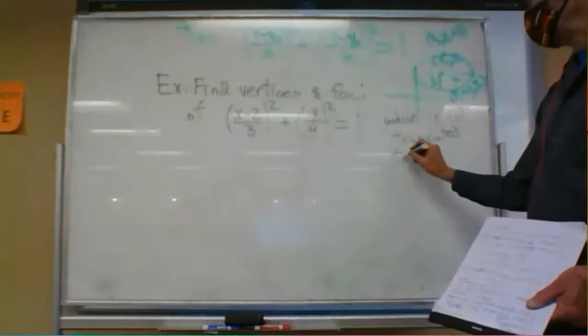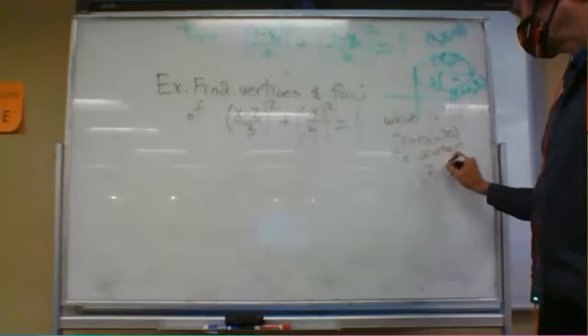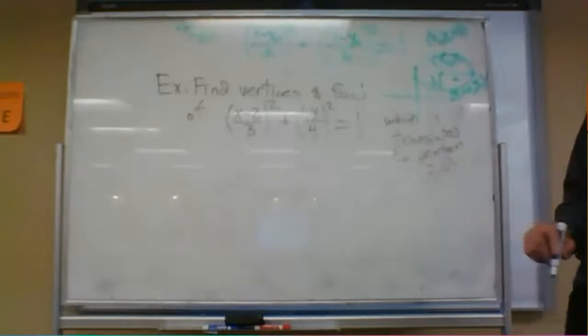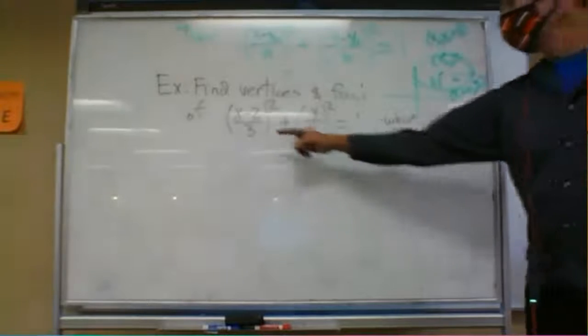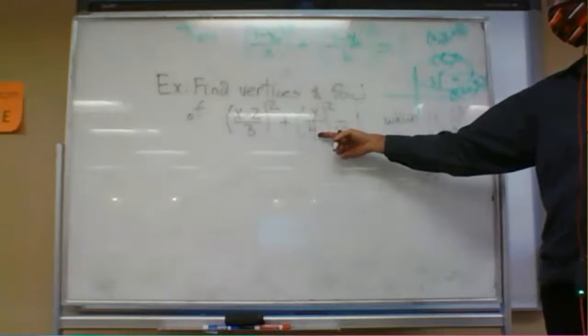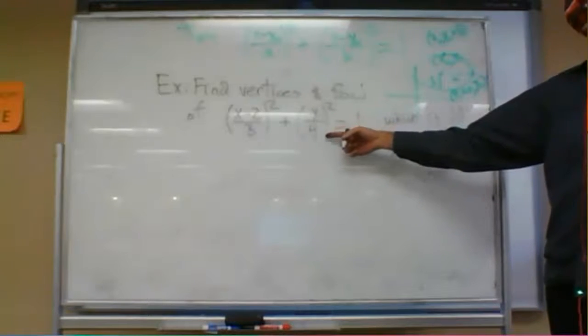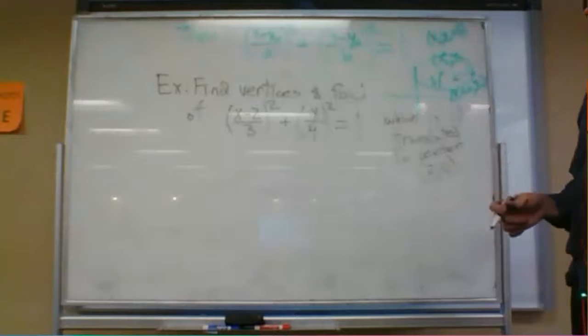So this is 1 translated to have center at (2, 0). So I recommend always finding the center first. It's just whatever's subtracted in here. And you notice that a is under the bigger number. I should have pointed out that the semi-major axis, the one with the foci on it, was under x before.